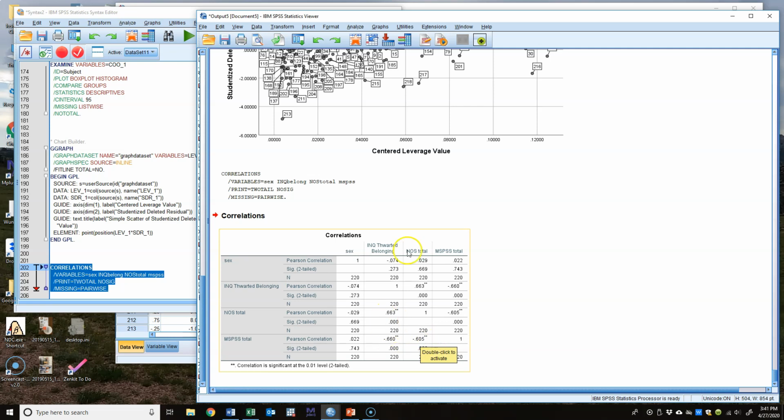The correlation of thwarted belongingness and willingness to utilize support resources is pretty high, but again, nothing that would suggest problems, at least in the bivariate case, of clear multicollinearity to the point that I couldn't run my model. So as long as these variables make conceptual theoretical sense, we can probably move forward, although we should note that they are pretty highly correlated predictors, at least with belongingness and NOS.